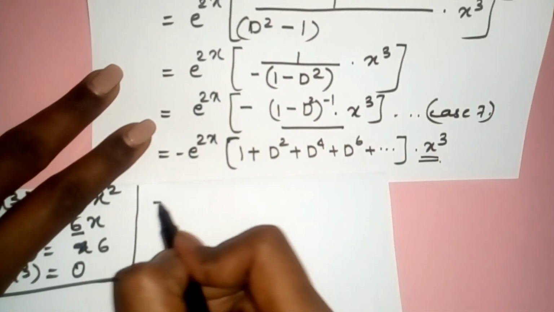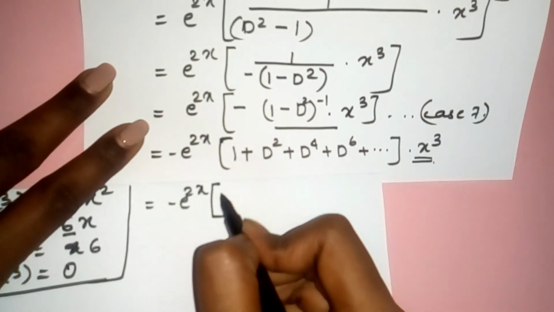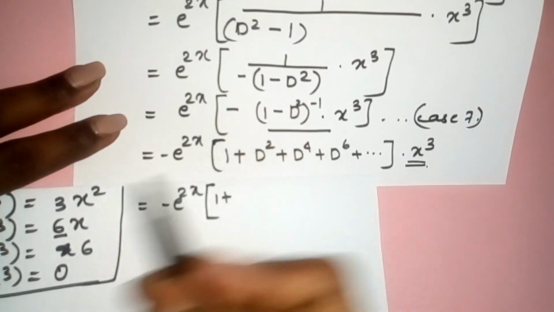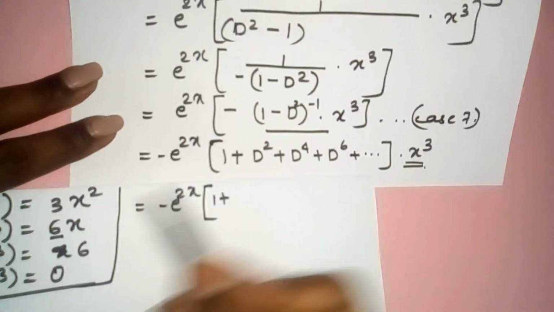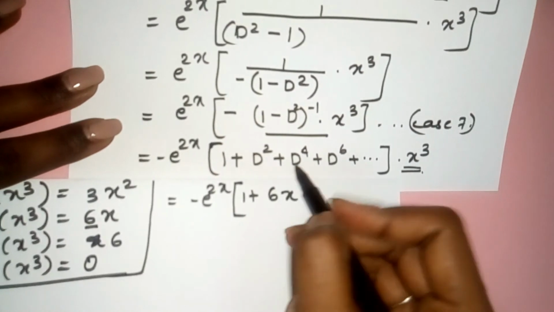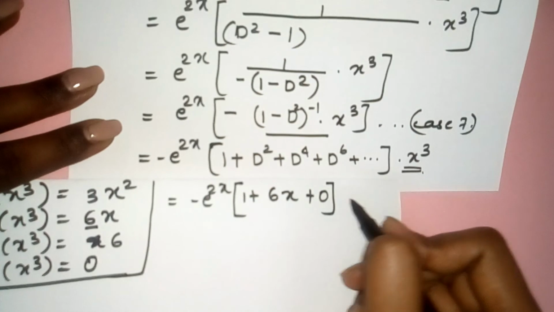We'll write it as minus e raised to 2x into 1 plus, in place of D square we can write 6x. Then in place of D raised to 4 we can write 0, plus 0, into x cube.